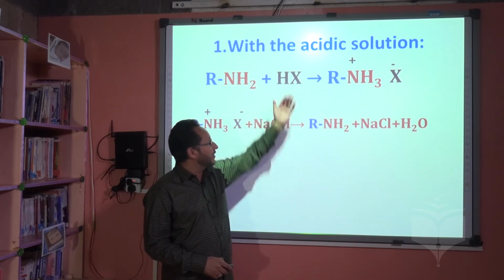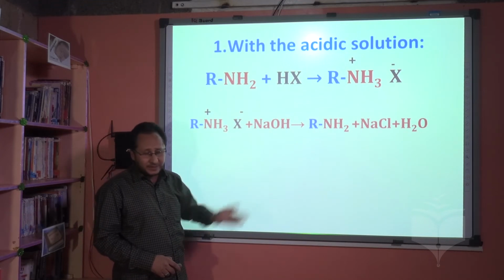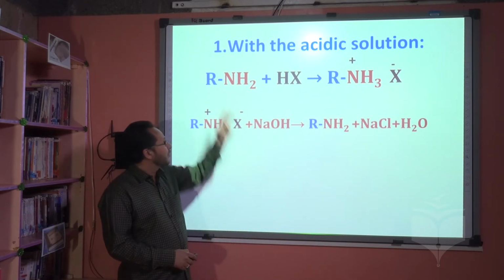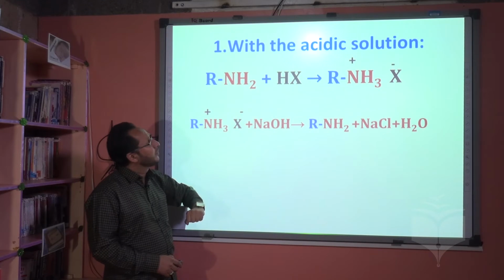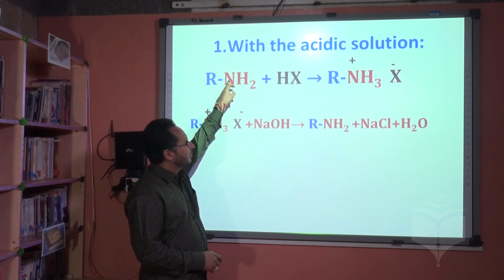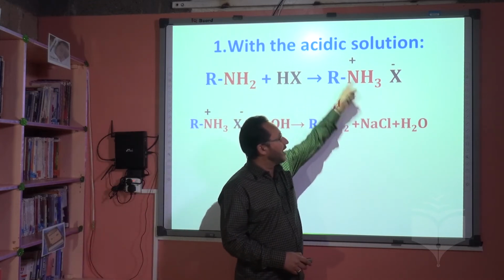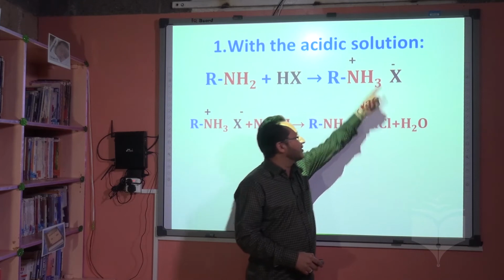So this is H and this is X. Now this is the amine, which may be primary, secondary or tertiary amine. So this is R-NH2. Now what is the rule? The pair of electrons on the nitrogen atom joins with this hydrogen and gives us NH3+, and here it is X-.